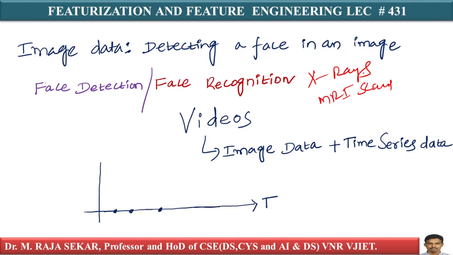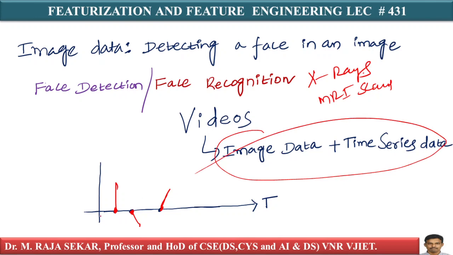You can have a particular image here, again a particular image here, and another image at this point, and another image at this particular point, and so on. So it is basically image plus time series data.